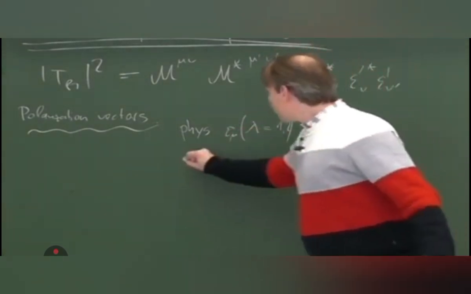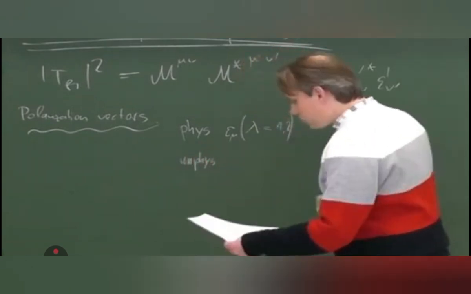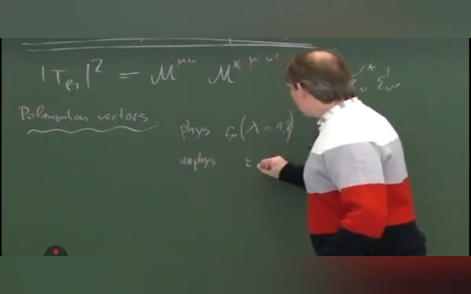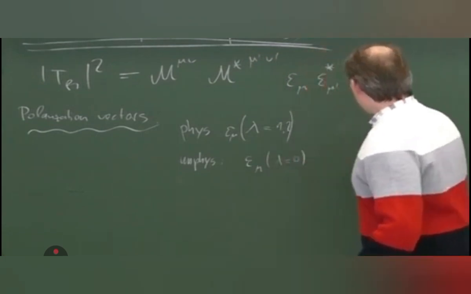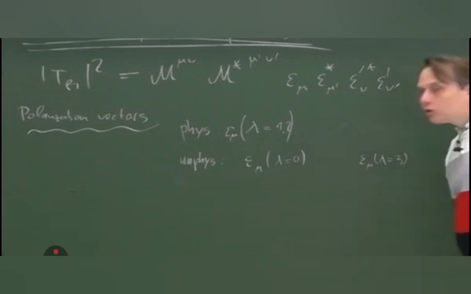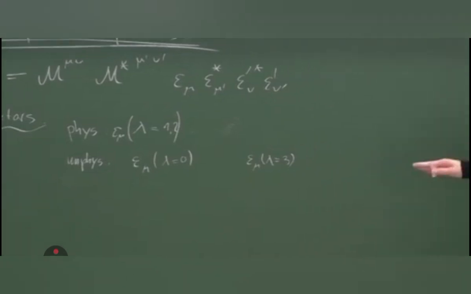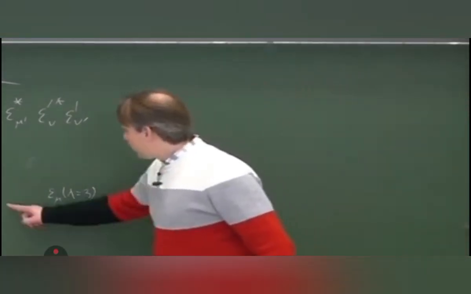But there are also unphysical polarization vectors, and they are the ones for λ equal 0 and the one for λ equal 3. And we had two different bases, one with L and S and one with 0 and 3. Let us now use the one with 0 and 3 for a reason I will explain.